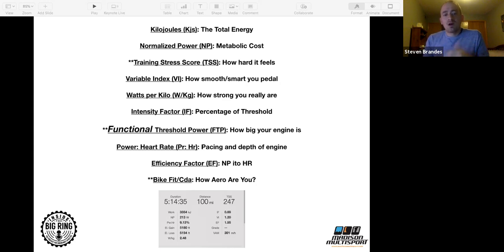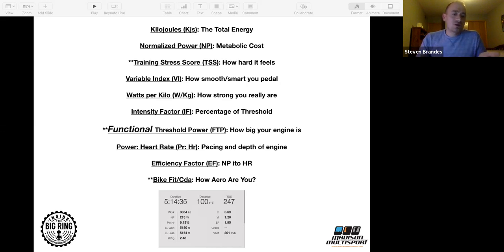Your power to heart rate. It's basically like your aerobic decoupling. And we'll get into this because this is super important. It is basically the symbol of the pacing and the depth of your engine. And we'll get into this more. Your EF, your efficiency factor, that's normalized power into your heart rate.